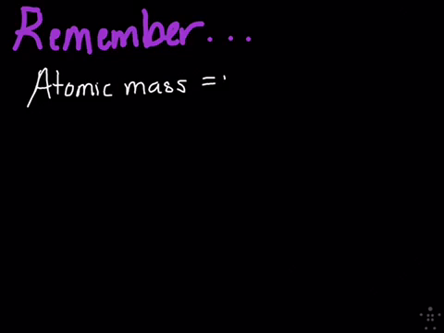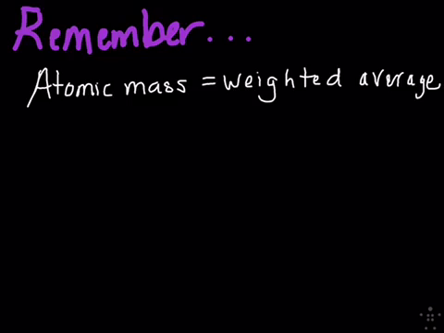And we discussed the other day that atomic mass is very different from mass number because atomic mass is actually a weighted average. It is a weighted average mass of all known isotopes of that element.